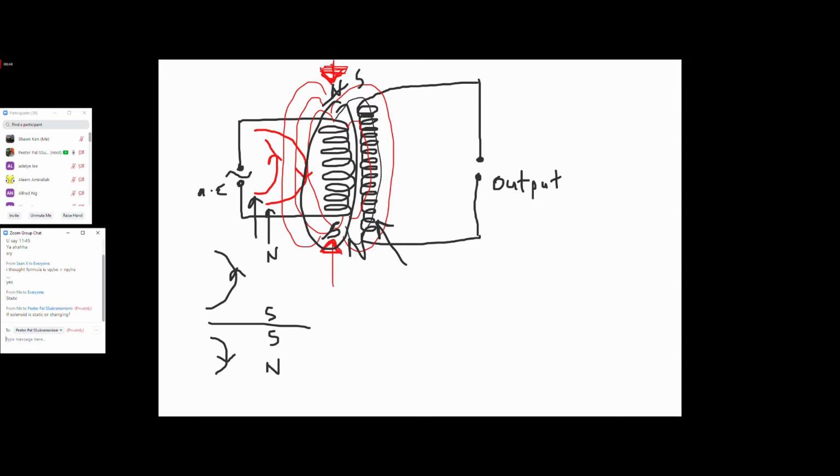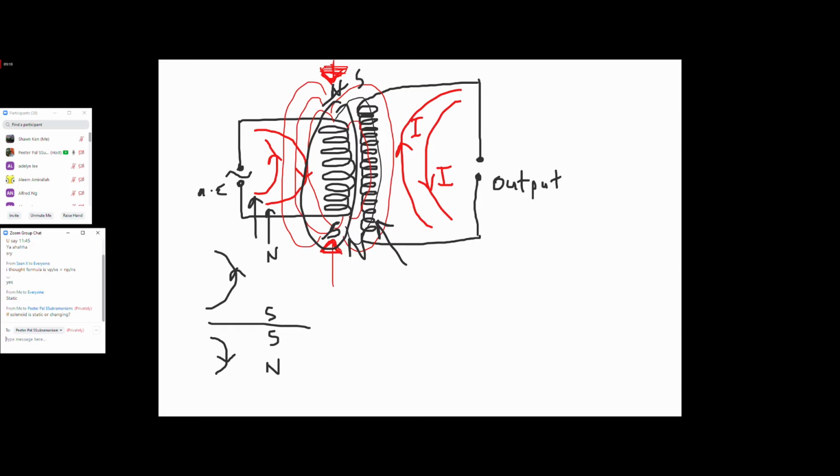So the secondary coil is able to produce induced current, also with changing direction. Induced current is produced in the secondary coil with changing direction.